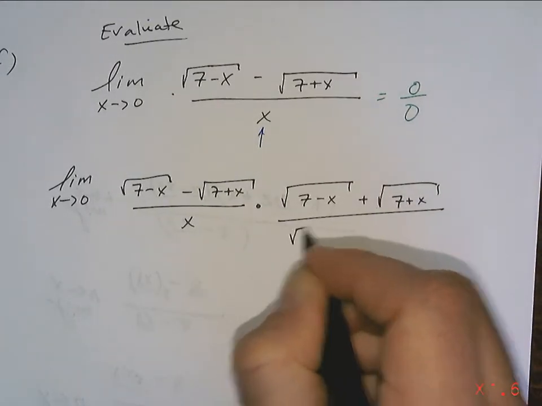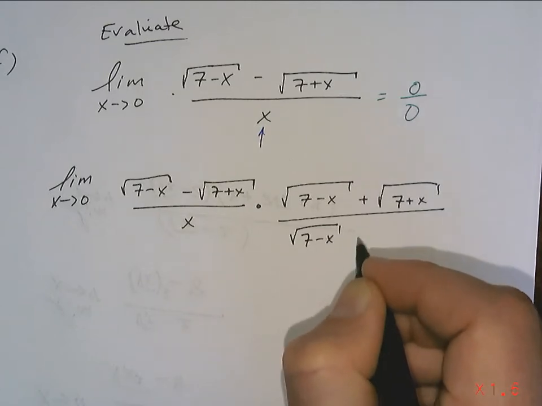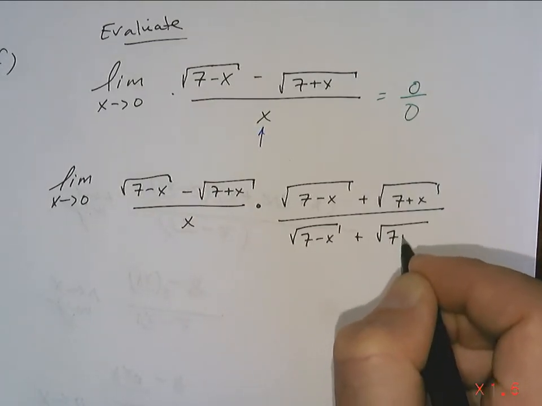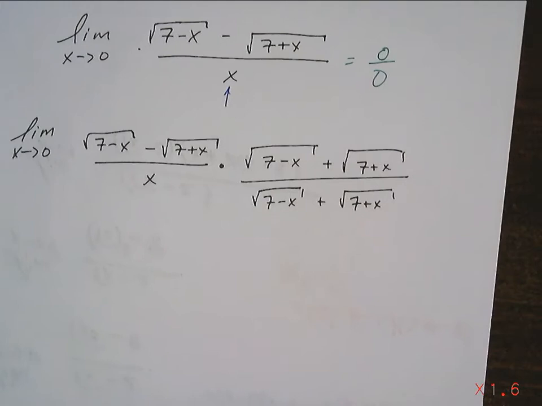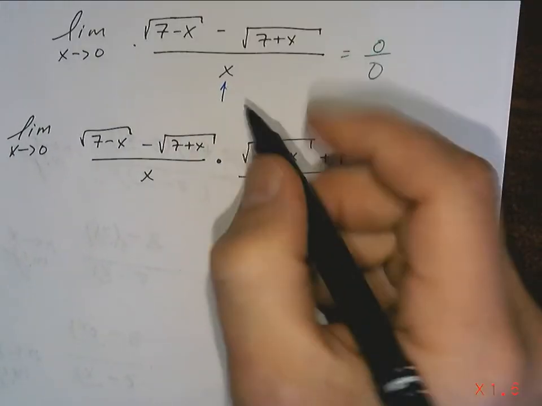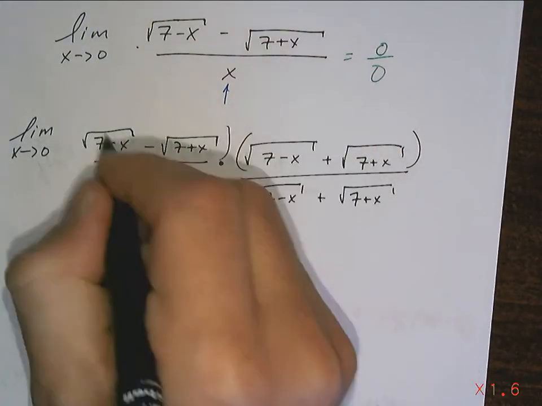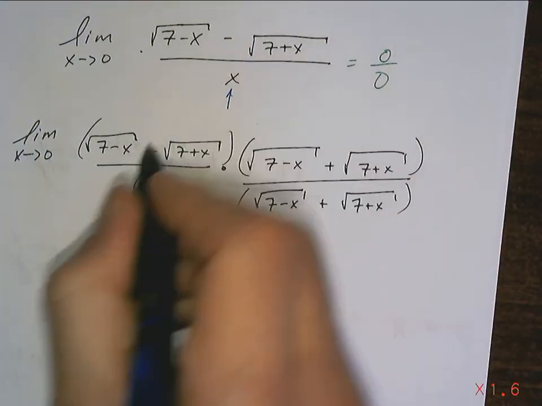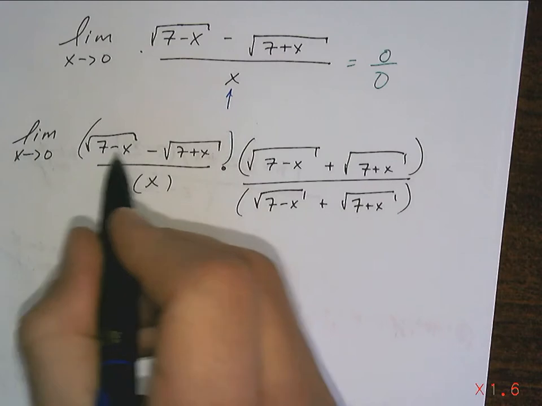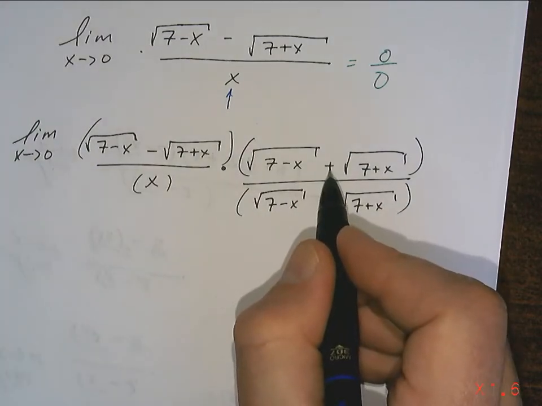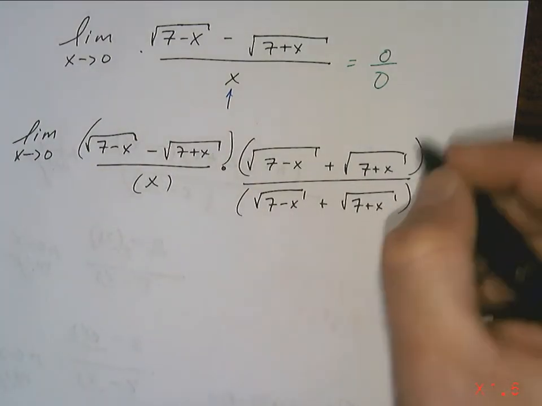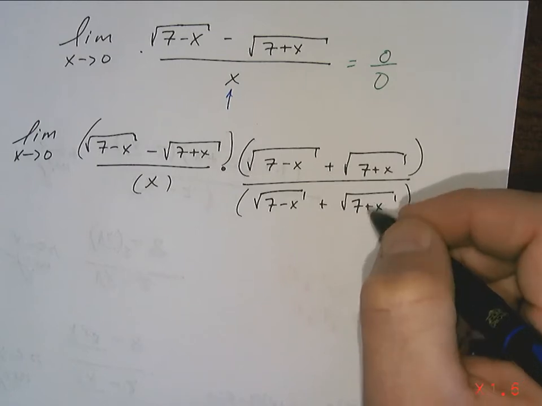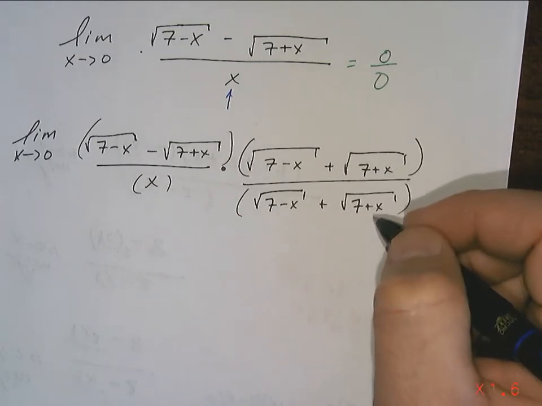I've got to multiply the bottom by the same thing, otherwise I've changed it. Might be a good idea to put brackets around it. Please understand that the conjugate came from looking at these two terms with the different sign inside, and the bottom came from multiplying by 1. Whatever we multiply the top by, we have to multiply the bottom by too.